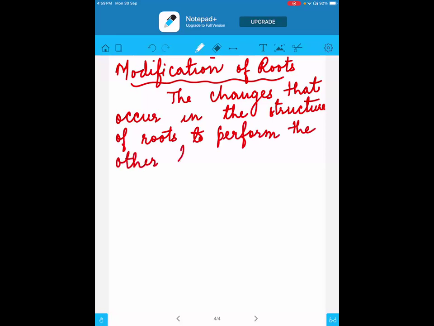The main, simple function of roots is to absorb and to hold. So whatever other functions they perform are referred to as the modification of roots.